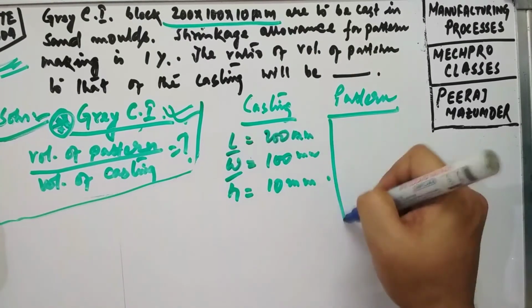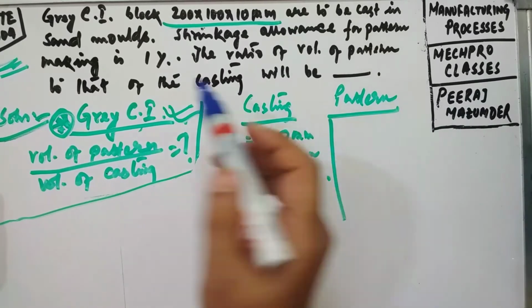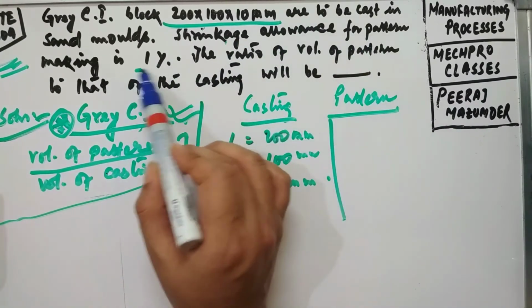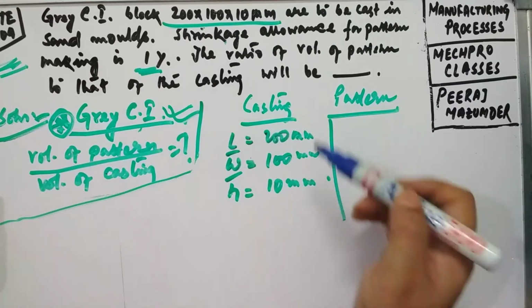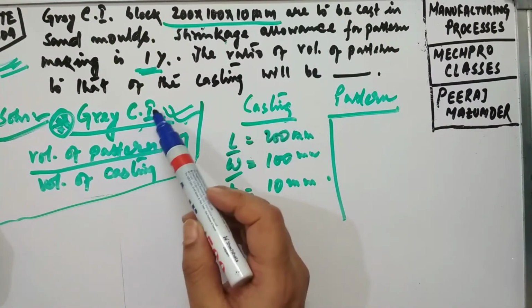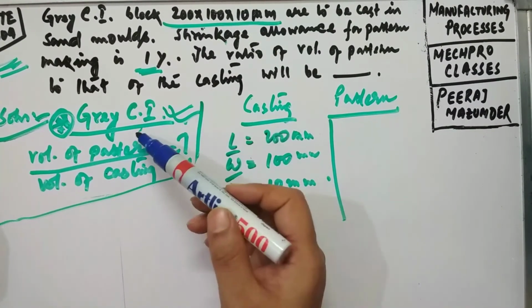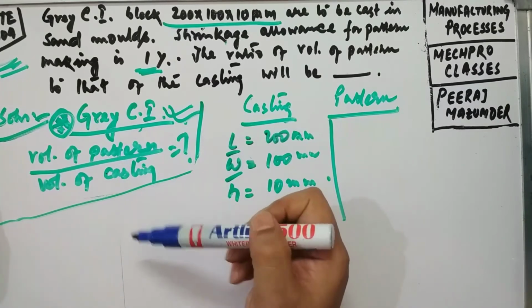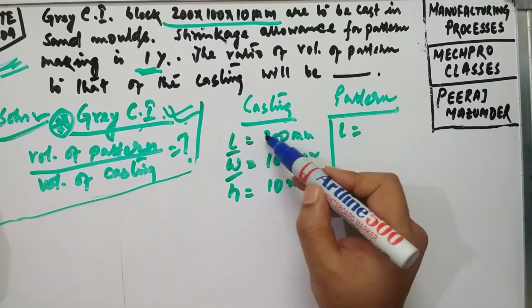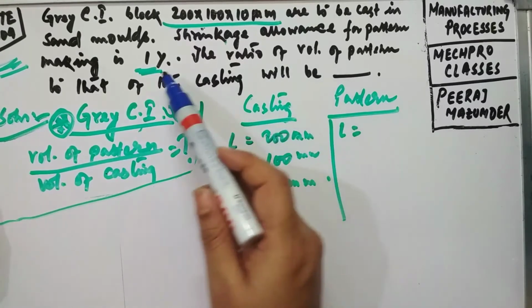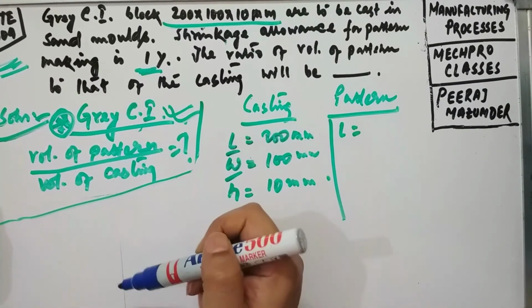Now for pattern, look, shrinkage allowance for pattern is 1%. Now look, if somehow it becomes a different metal, not grey cast iron, what will be the pattern size then? At that time we have to add this 1%.